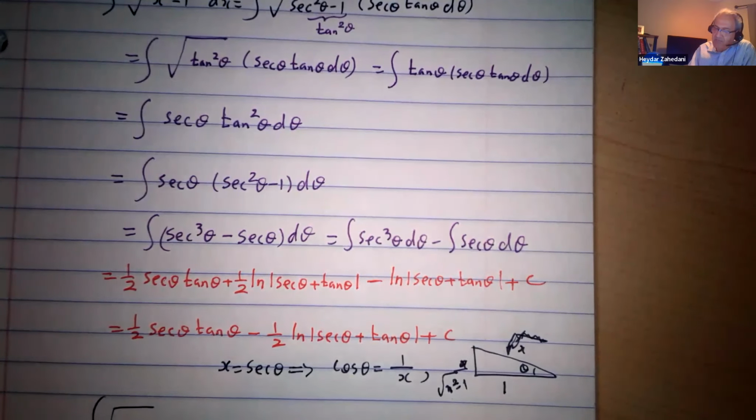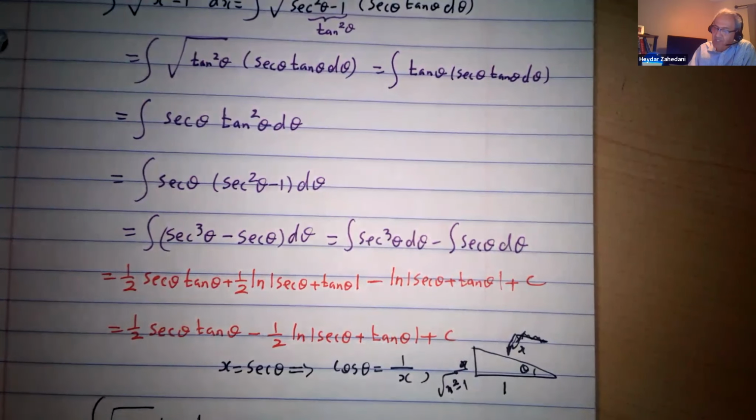The integral of radical x squared minus 1 dx is equal to 1/2 of the secant, which is x, times tangent. And the tangent is just radical x squared minus 1, opposite over adjacent.